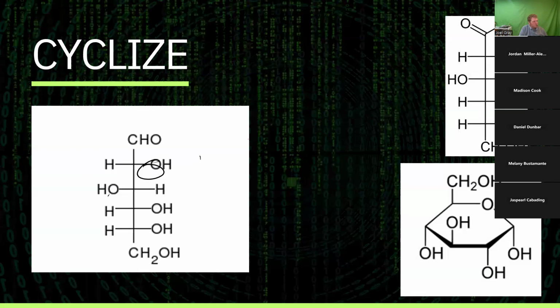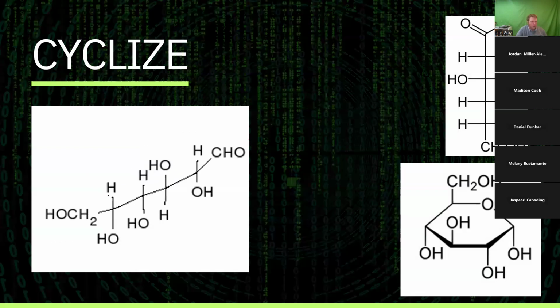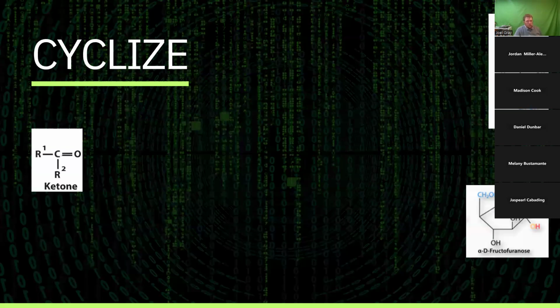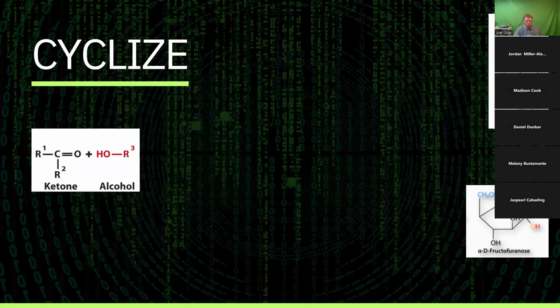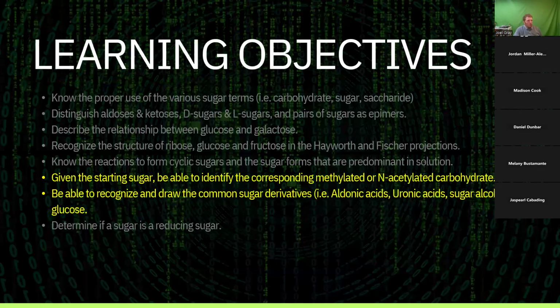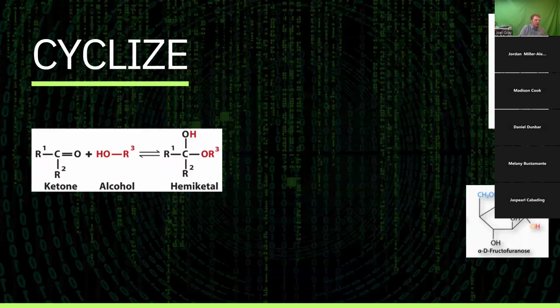The carbonyl oxygen becomes the alcohol. Now, same thing goes for a ketone plus an alcohol. The one big difference is whenever that ketone carbonyl reacts with an alcohol, this oxygen is one member of the ring.